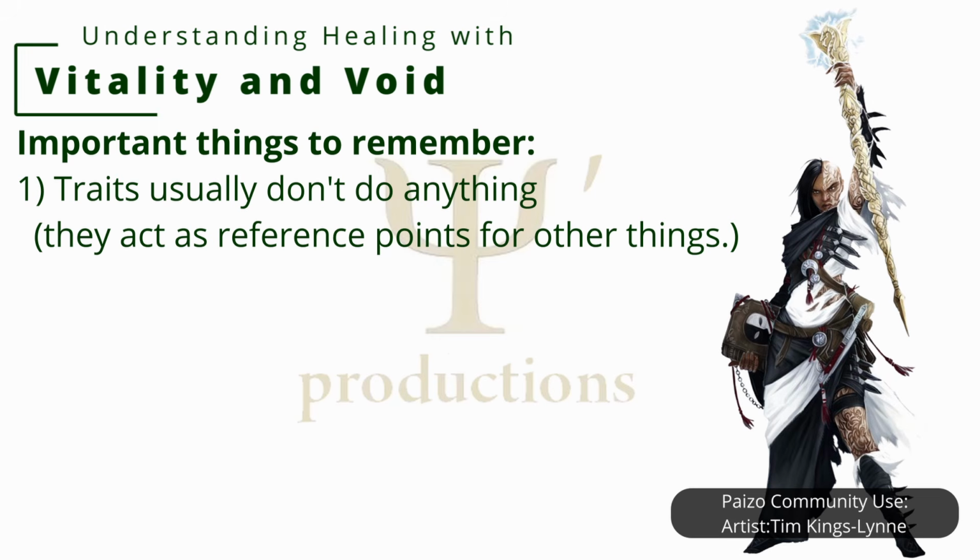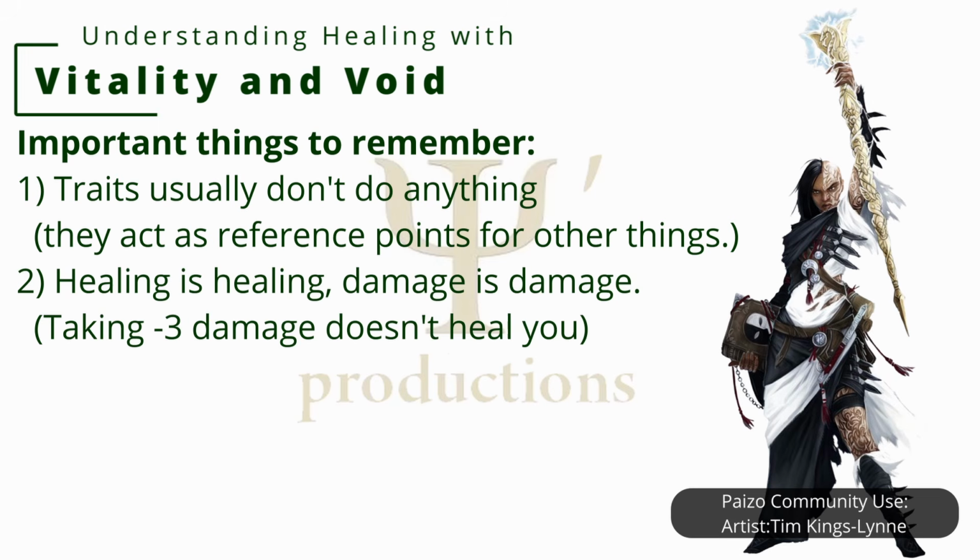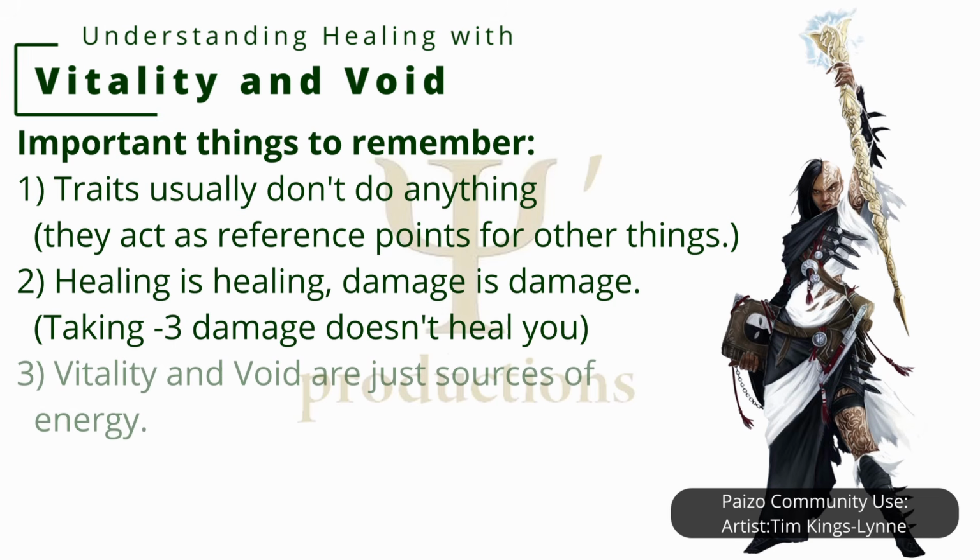The other thing we need to talk about is that it is important to differentiate between healing and damage. I know, seems simple, but trust me, this is important. Vitality and Void are just sources of energy. You can heal with Vitality or deal damage with it. Similarly, you can heal undead with Void energy or deal damage with it. Keep this in mind.